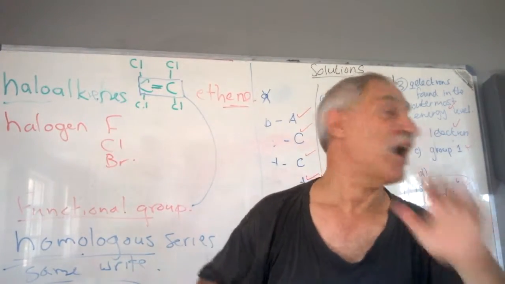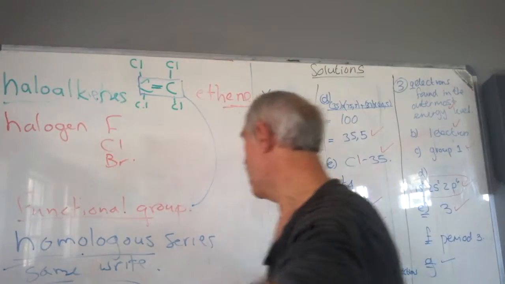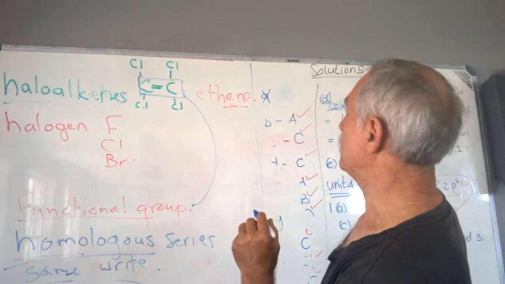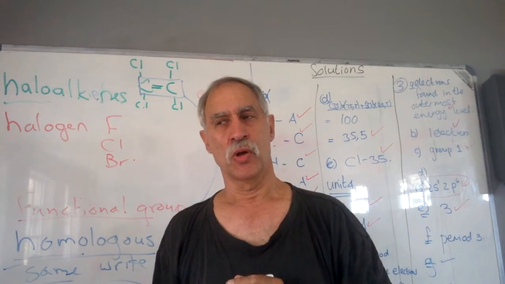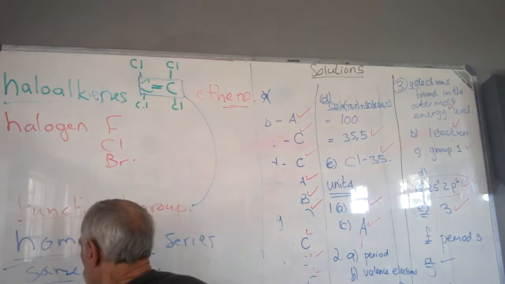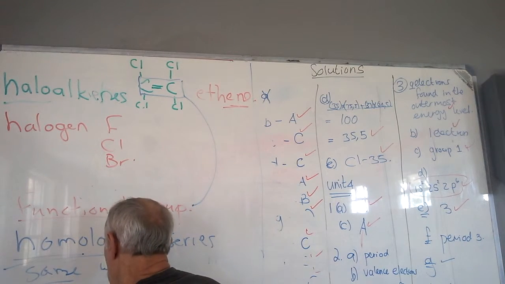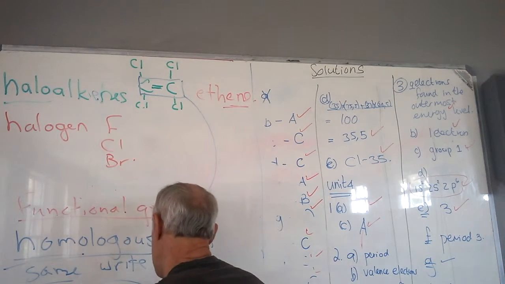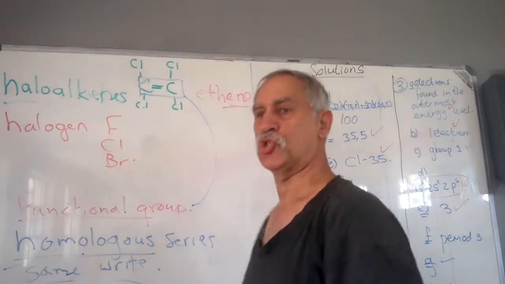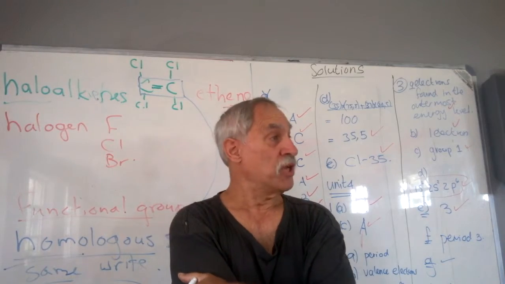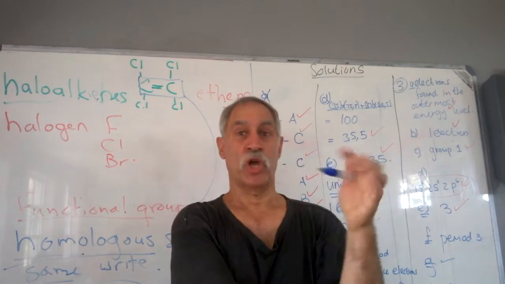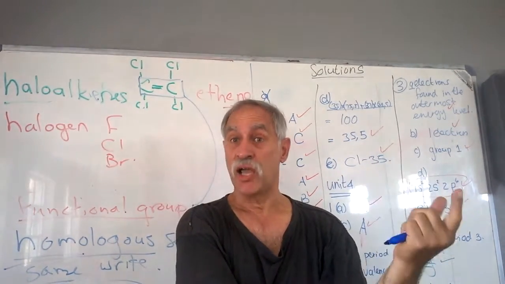Now, I just have to throw you in at the deep end. We don't just say that this is ethene. It's got 4 chlorines. So we say it is chloroethene, but now we have to say how many chlorines. If it's 2, it's di.